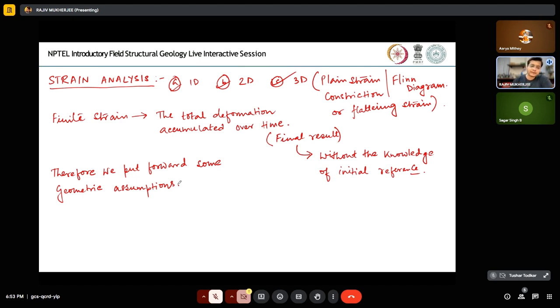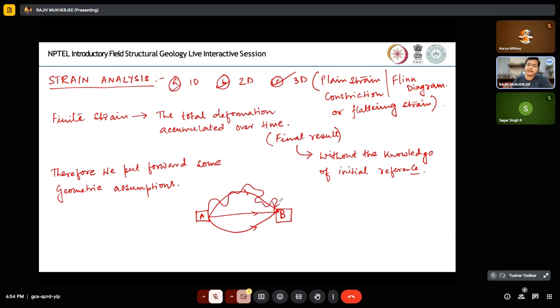We do not know the path of the deformation, right? So say, for example, I have a destination A and I want to go to another destination B. The simpler way is to go straight, but we can go like this or like this, or any way that seems favorable.